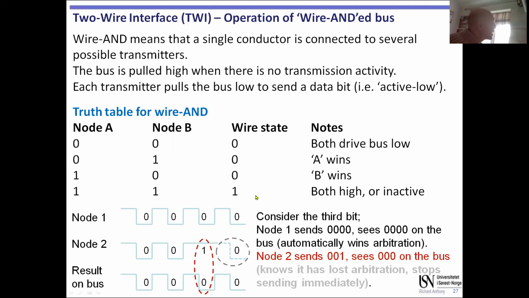The reason it's called wired AND is because with wired AND, 0 is actually more powerful than a 1, because if both are doing nothing, they would put a 1 on the bus. And if there's a 1 and a 0, where 1 is writing a value and the other is just leaving it as a 1, the 0 is going to win, because the pull-up resistor is quite weak. It will pull the line high, but with low current.